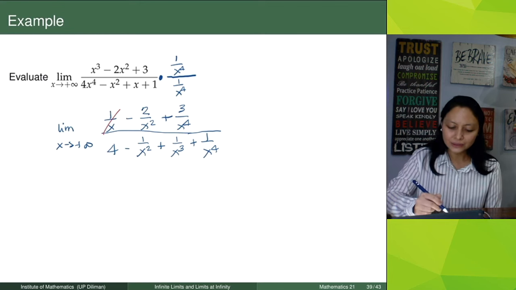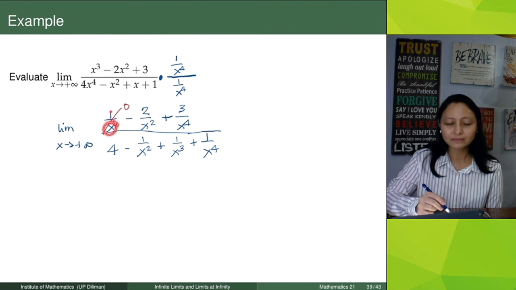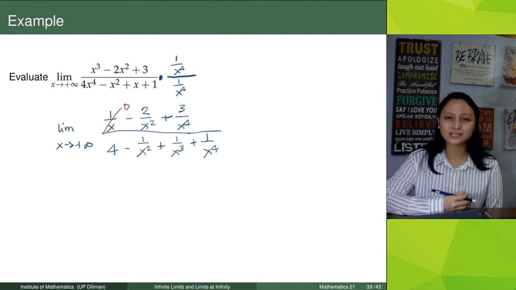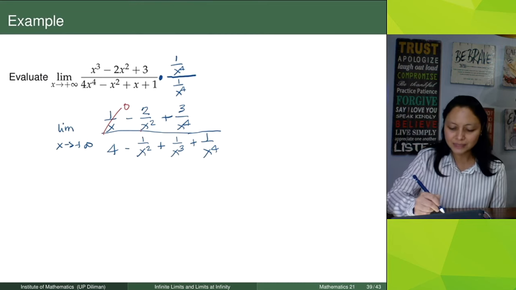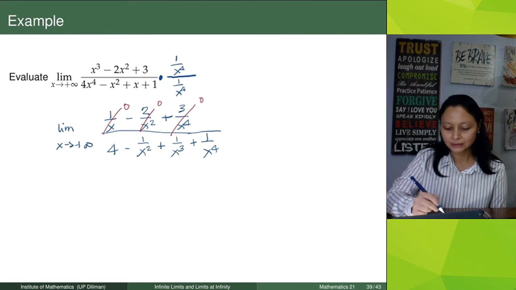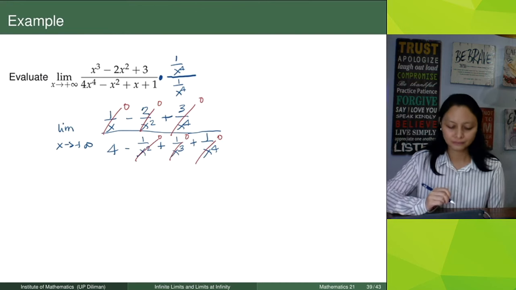Ang limit nito as x approaches infinity is 0. Okay, you have a very big number, or 1 divided by a very big number approaches 0. Okay? Yan. So, lahat ng may x pa sa denominator approaches 0.